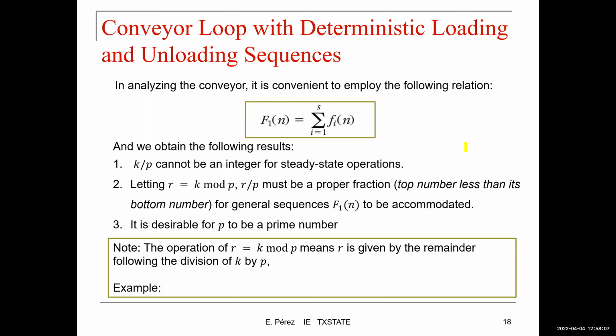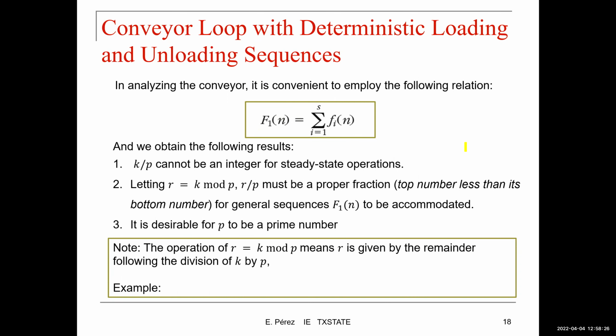So following those assumptions, we had the following results. If we want to reach a system that reaches steady state operation, we need to make sure that K over P cannot be an integer.